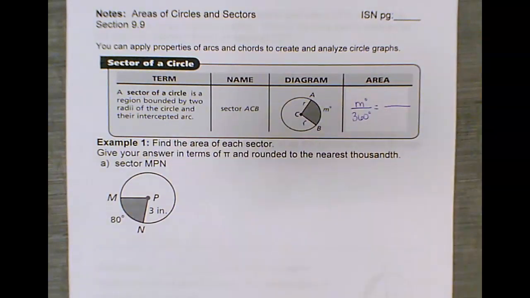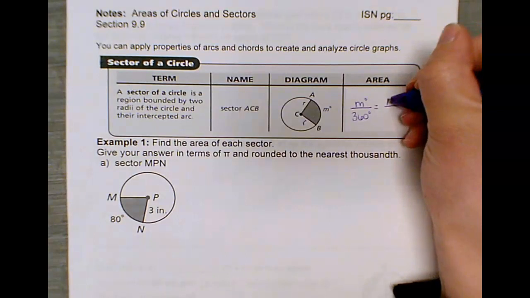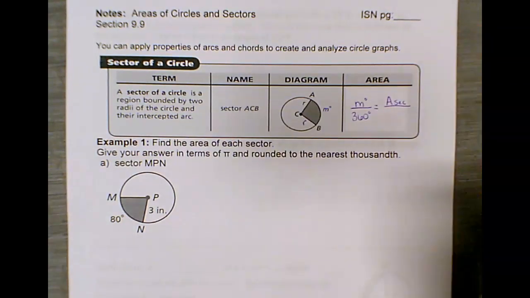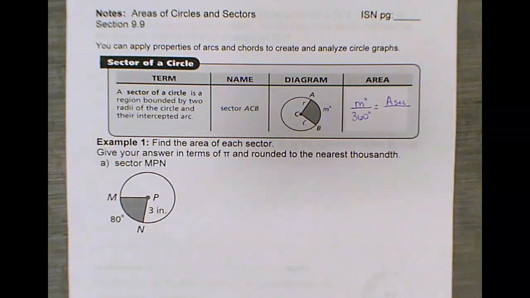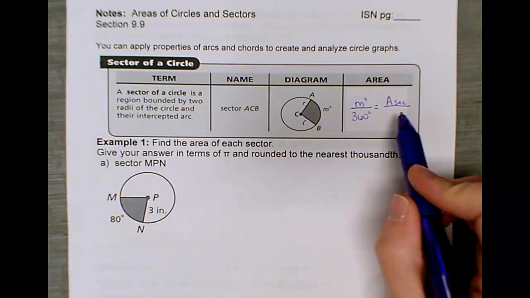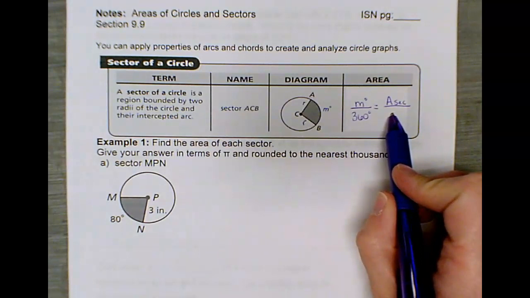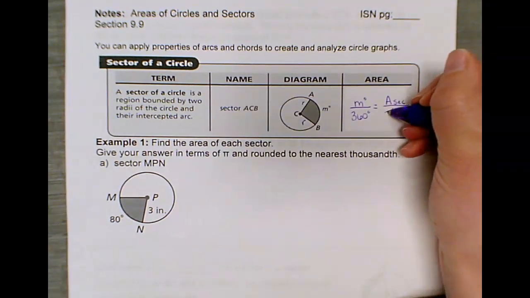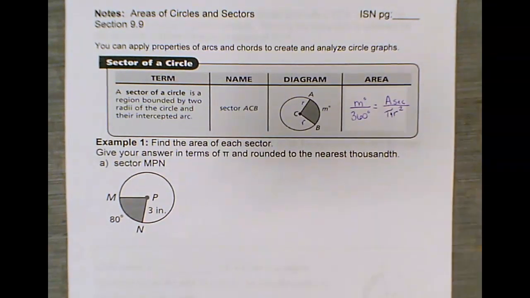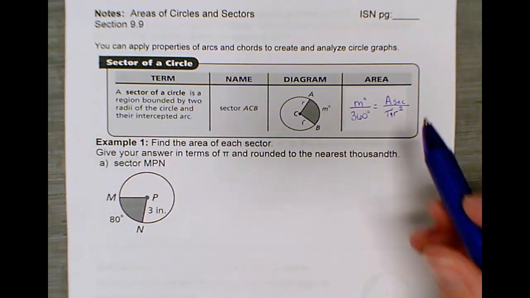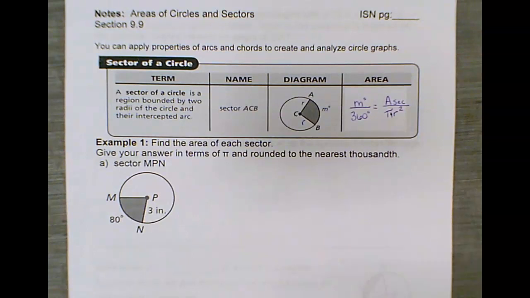But then we're going to talk about the area of the sector, typically abbreviated capital A sub sec for sector, out of the entire area of the circle. Now, the formula for the area of the circle is pi r squared. So this is the proportion that will allow us to calculate the area of a sector of a circle.